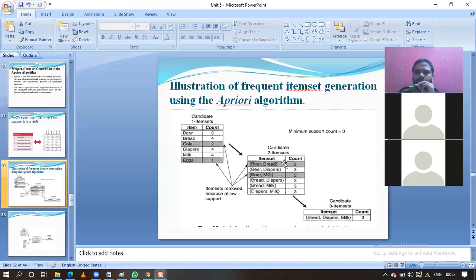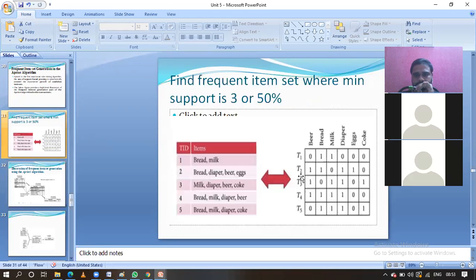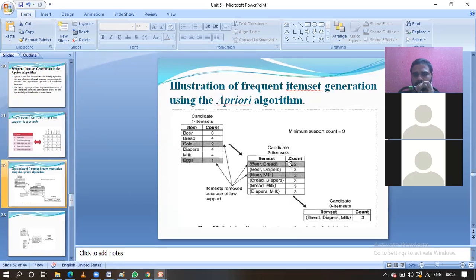Next, we have to write how many times that particular item set is repeated, in the second column. Let us see the first one, beer and bread. How many times is it repeated? Beer is here, bread is here. 1 time, 2 times. We write 2 here.